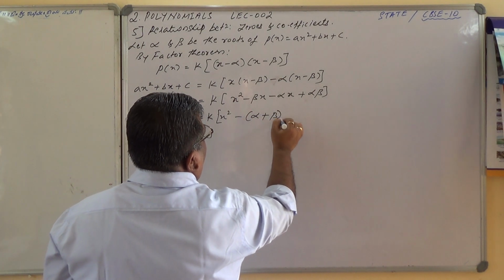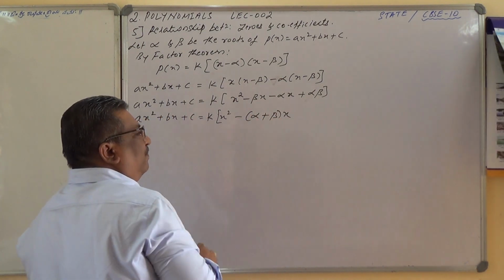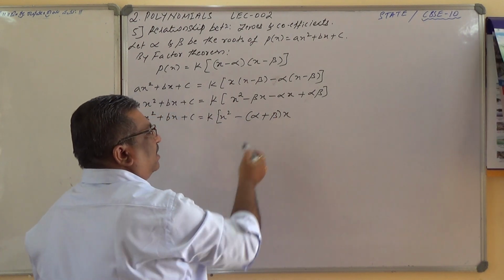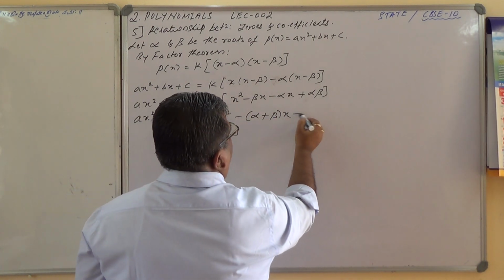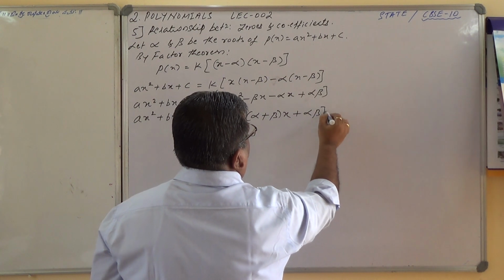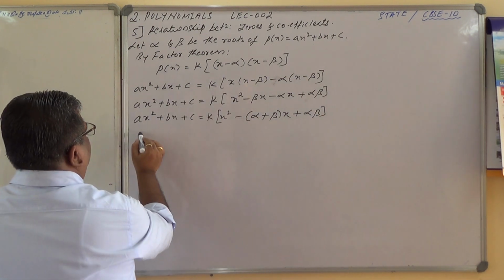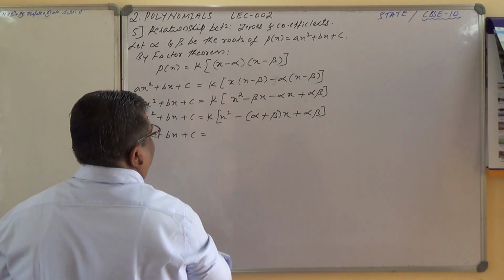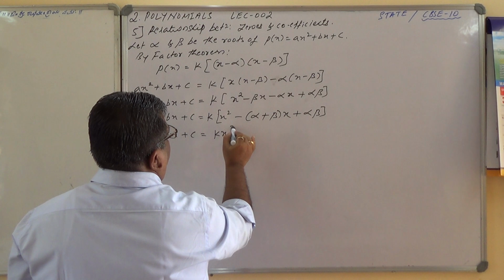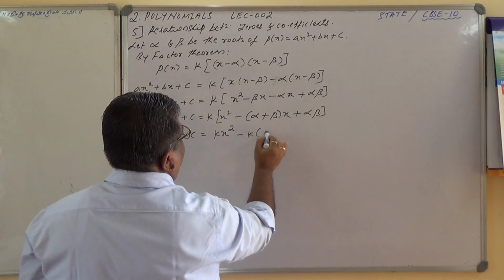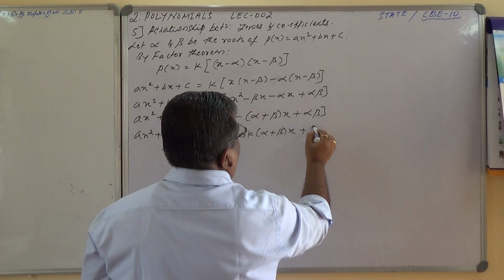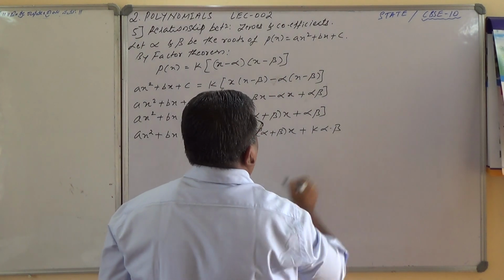alpha plus beta times x. If I take minus out, it will become alpha plus beta, beta plus alpha, which can be written as alpha plus beta times x plus alpha into beta. Ax square plus bx plus c equals kx square minus k times alpha plus beta times x plus k times alpha into beta.